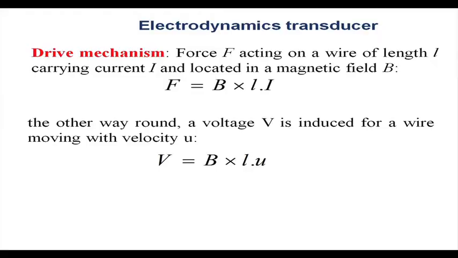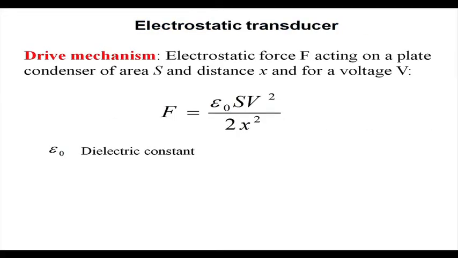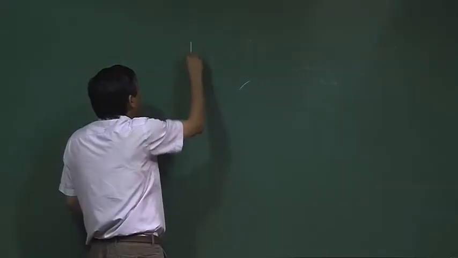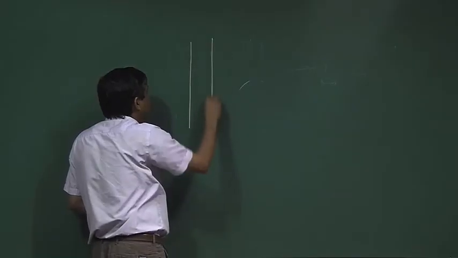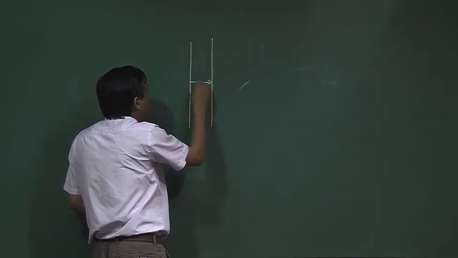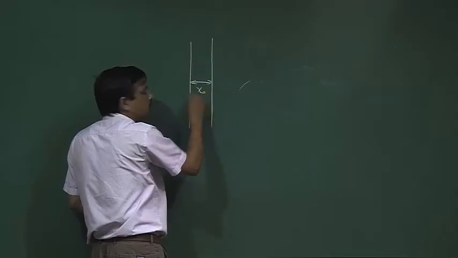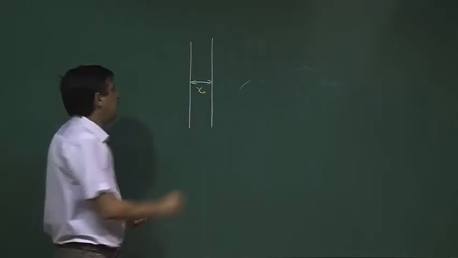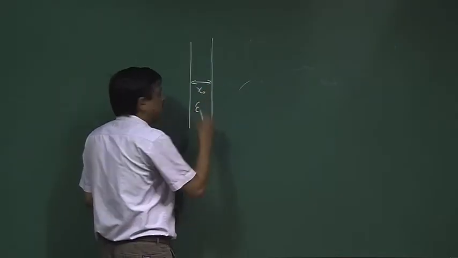Similarly, another example is the electrostatic transducer, where I use a variable capacitance as a transducer. What it means? Suppose I have two plates of a capacitor, and the gap between the two plates is x0, and the dielectric constant is epsilon 0.